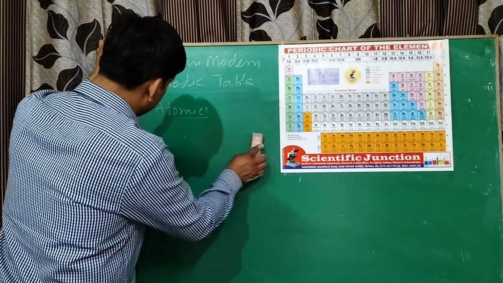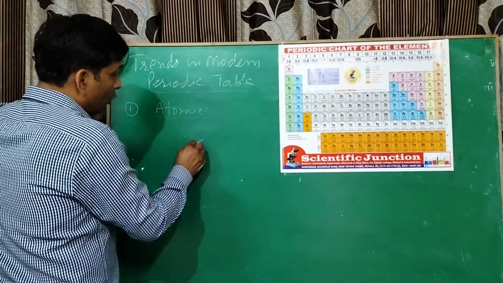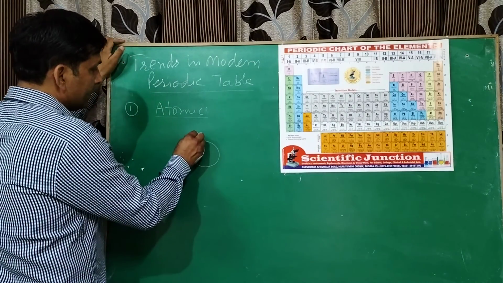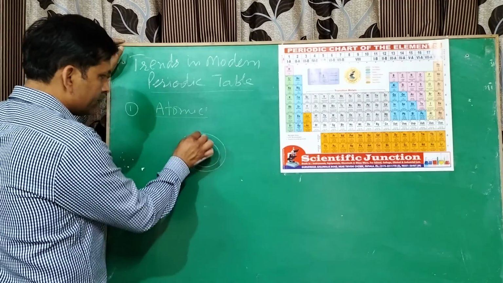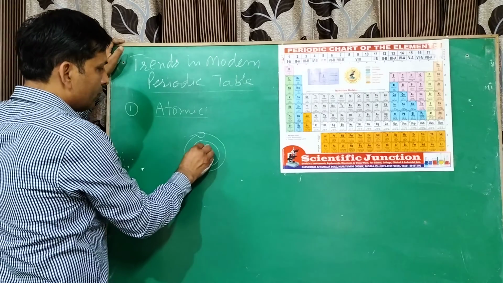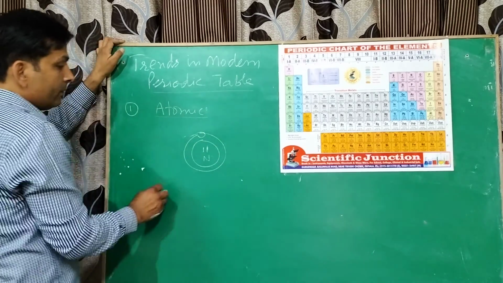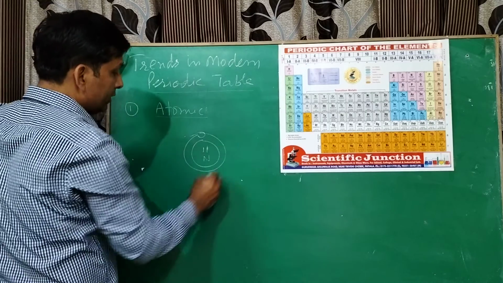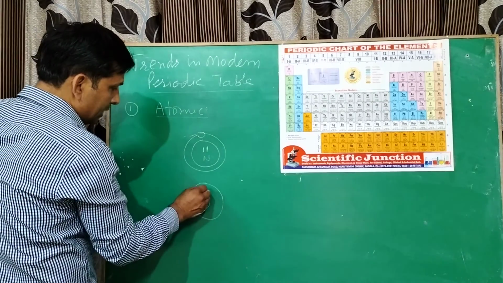One thing that is common in all types of trend is that when we go down in a group, the number of shells increases. This is the nucleus, and a first shell for hydrogen. One electron is there, one proton is there, no neutron is there. Then if we look at lithium, two shells are there.